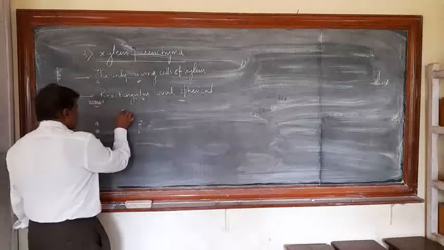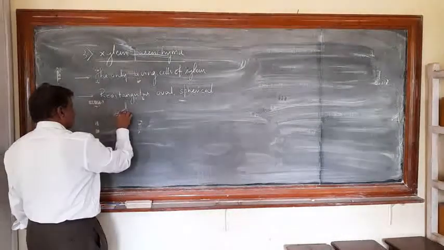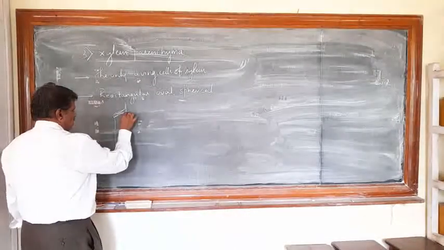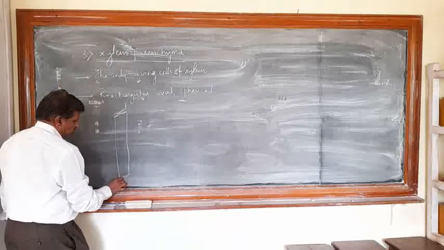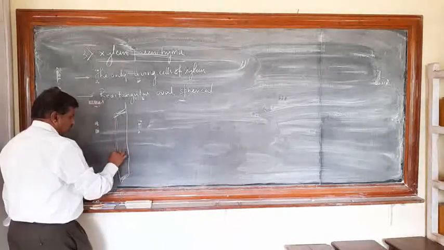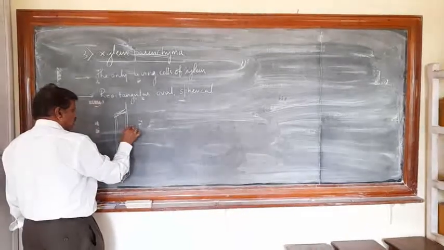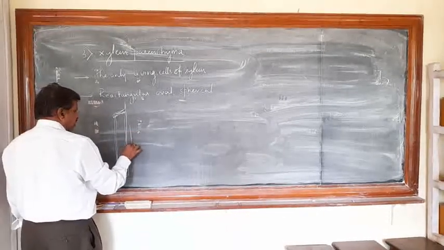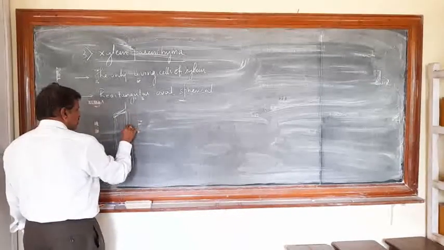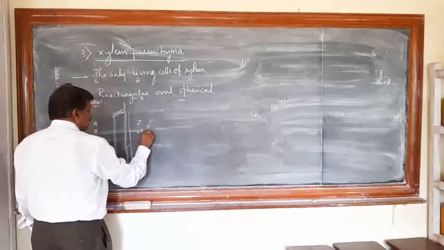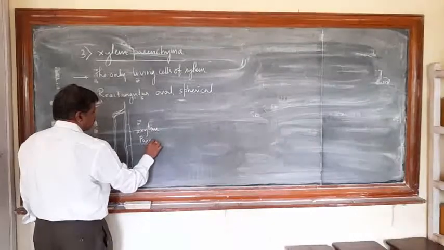Suppose, for example, this is a xylem element, maybe a vessel, just assume. Associated with the vessel, we will find thin walled cells. These thin walled cells are supposed to be the xylem parenchyma cells.